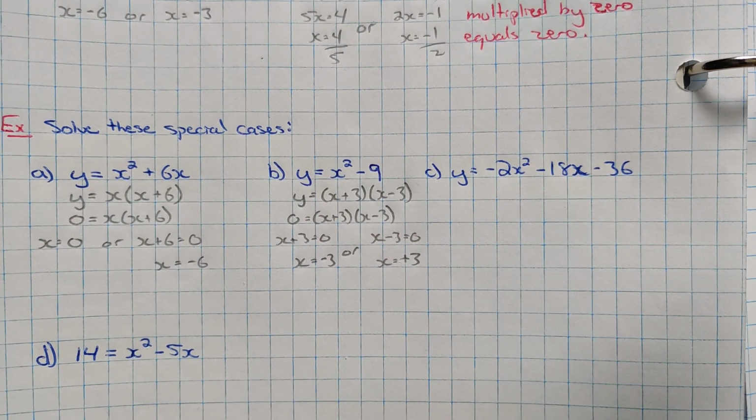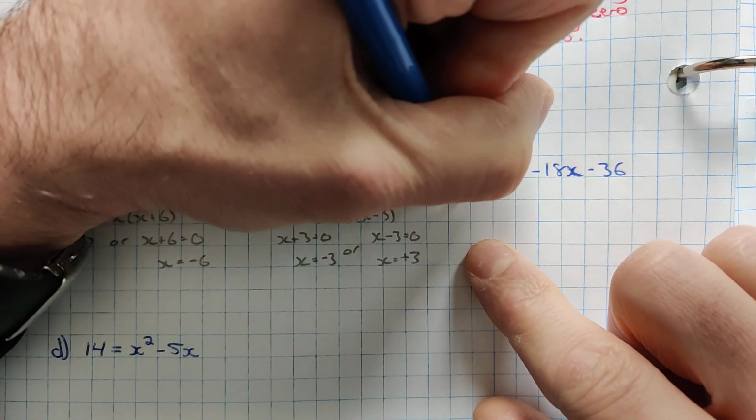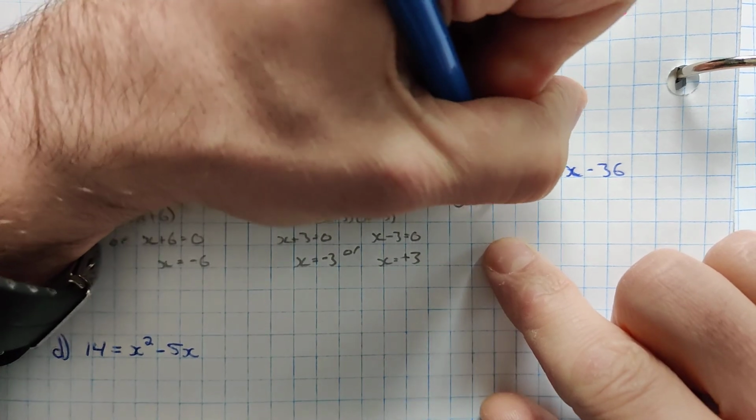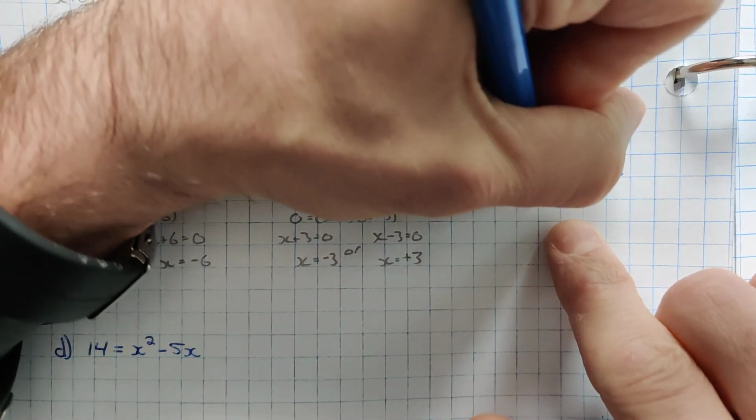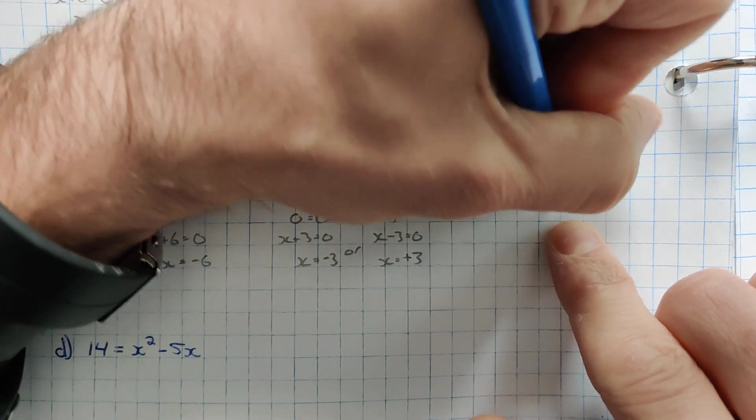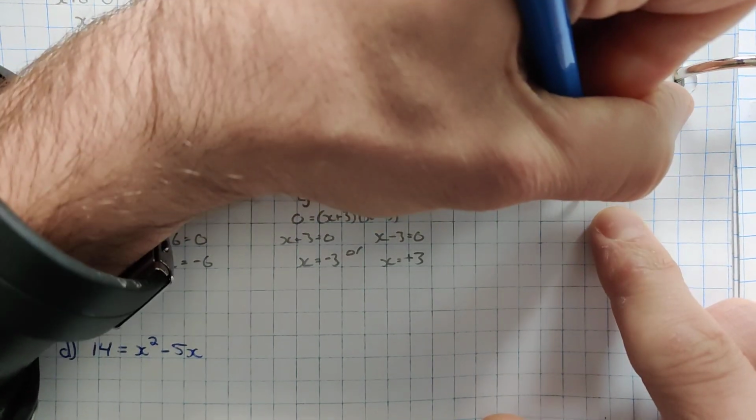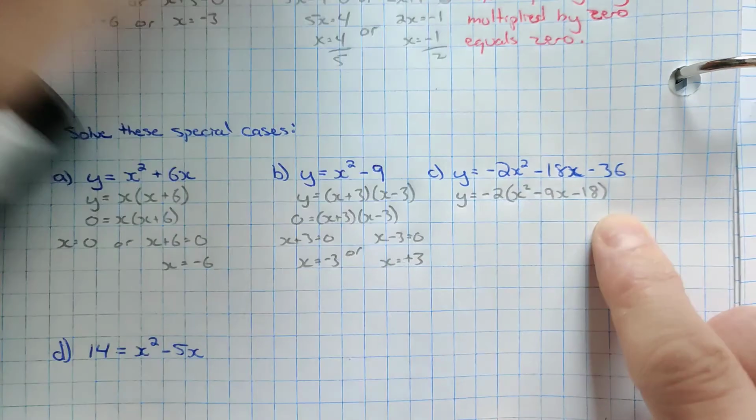In the next one, what do we notice about 2, 18, and 36? They all have a common factor of negative 2. So let's factor that out. Negative 2, we're left with x squared minus 9x minus 18.